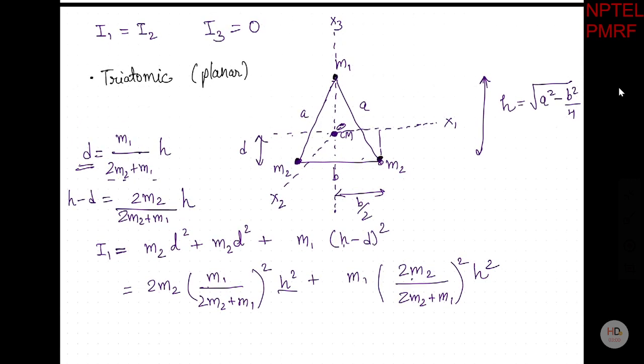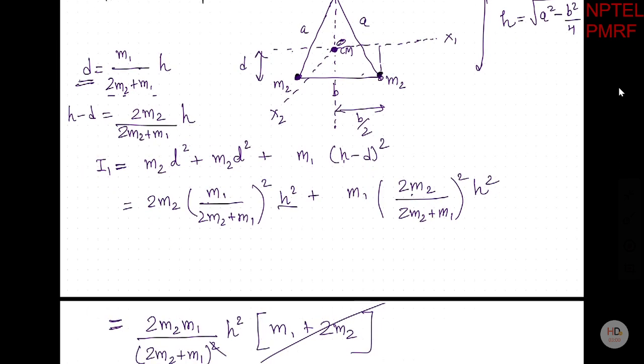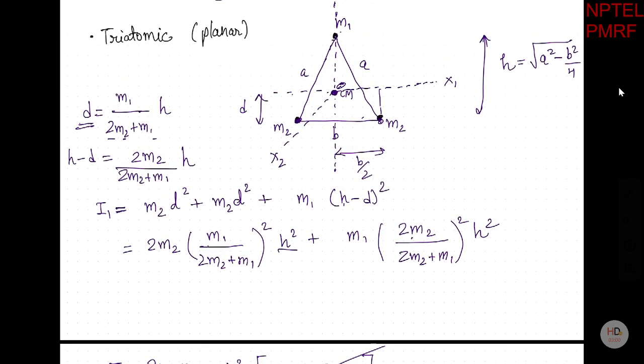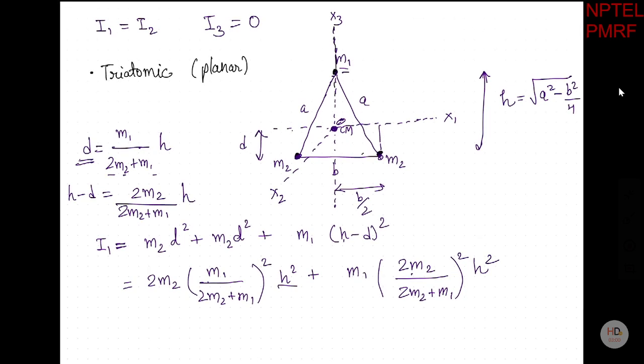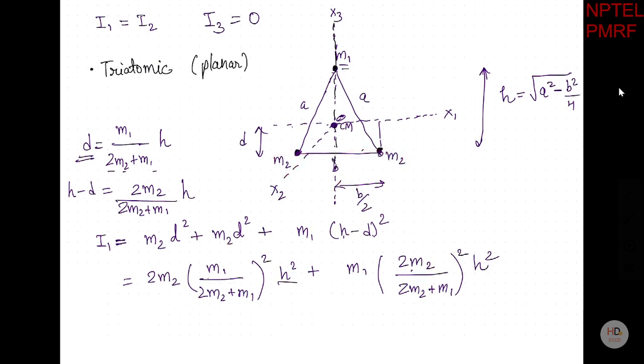Now second axis, which one should we calculate? Let's do I3 first. So for I3, m1 is passing through the I3 axis, right? This is your I3 axis. So m1 is passing through it, and this m2 and this m2 are distance b by 2 away.